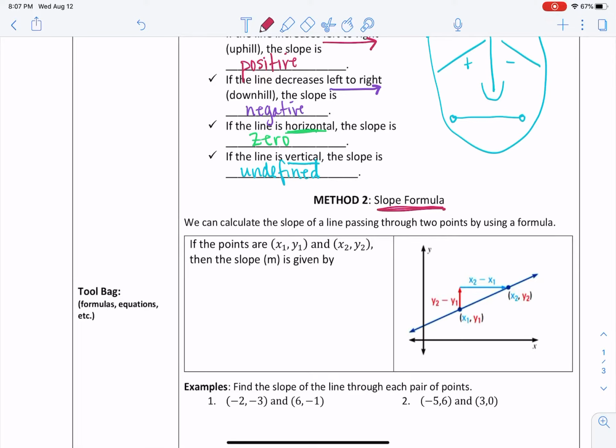The points are given as x1, y1, x2, y2. Order is very important. We still use m for slope, so m is written as y2 minus y1 over x2 minus x1.